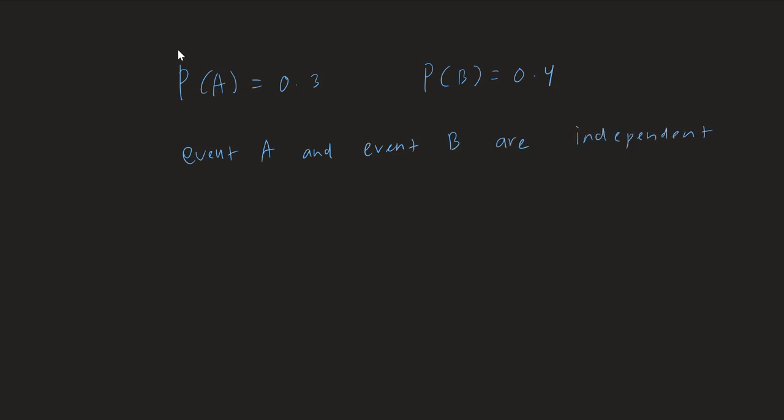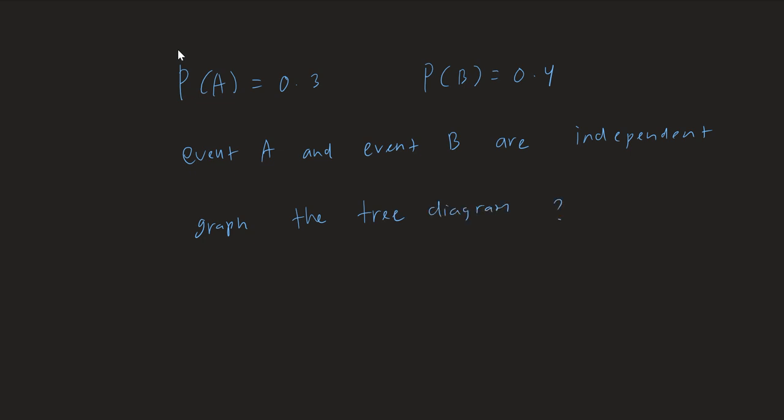Let's say I give you this: probability of A is 0.3. The question is to draw the tree diagram.